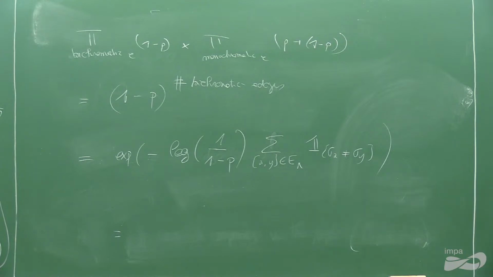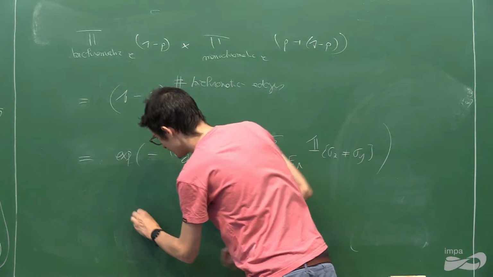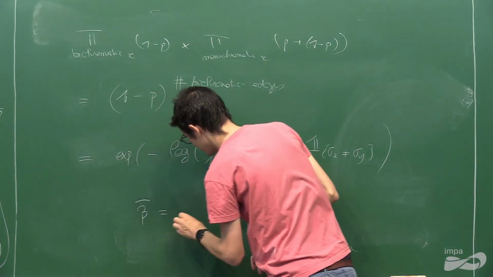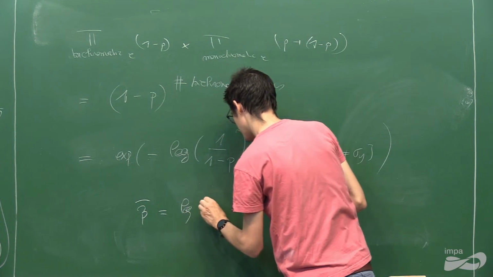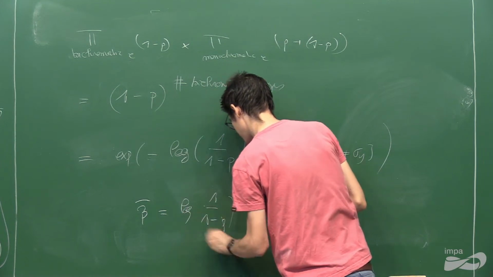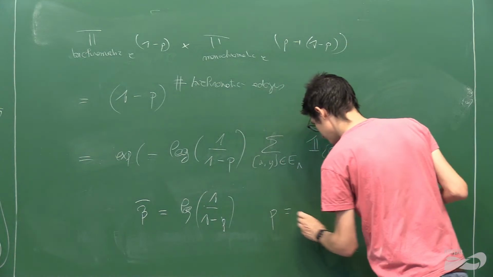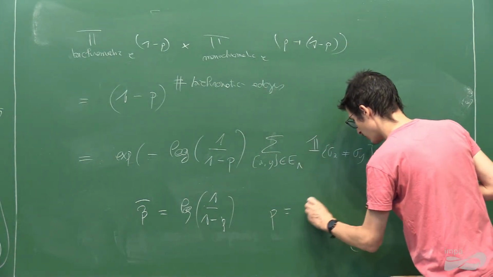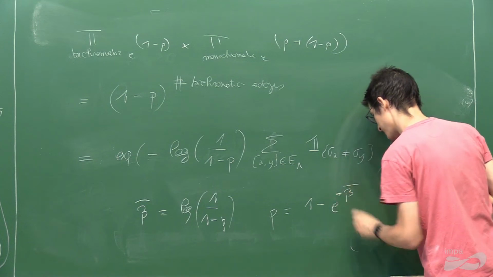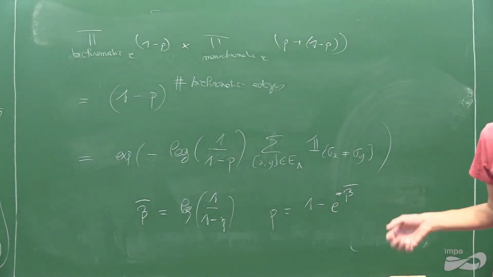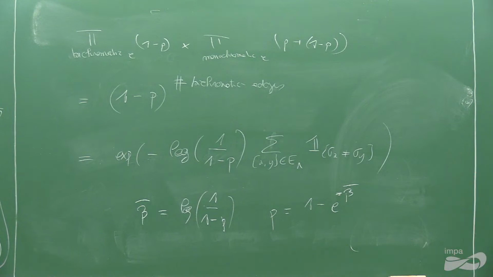So basically you should have beta bar, which is equal to log 1 over 1 minus p, which means p is equal to 1 minus exponential of minus beta bar. Remember that this beta bar is 2 beta for the Ising model.